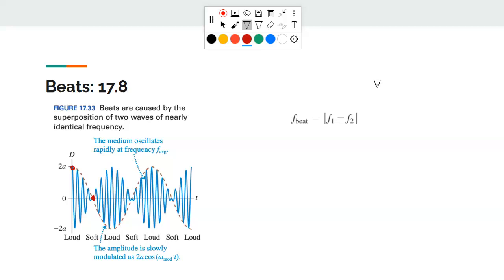Typically, these can be even below the human range of hearing for very close things, right? Humans can only hear down to about 20 hertz. So you have to have a beat frequency of 20 hertz or greater to make it audible. But you can create these such that you can actually hear them. And it sounds like this very low note, which is often strange because it's coming from a combination of two high-pitched notes generally.